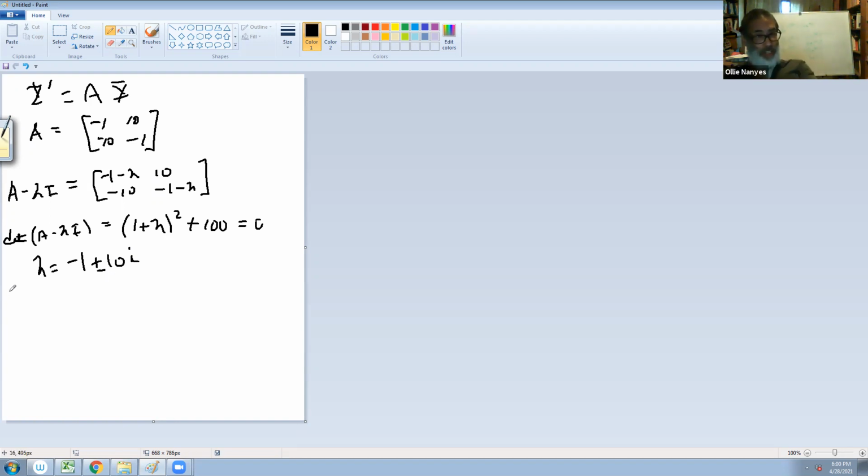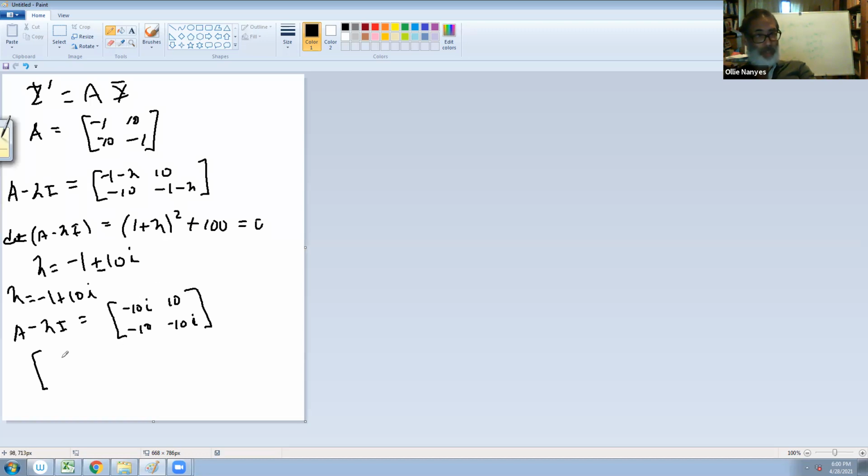So running with the lambda equals minus 1 plus 10i, A minus lambda I, well, the ones just cancel, and I have a minus 10i, 10, minus 10, and I have a minus 10i. And an eigenvector there, we can do it by inspection.